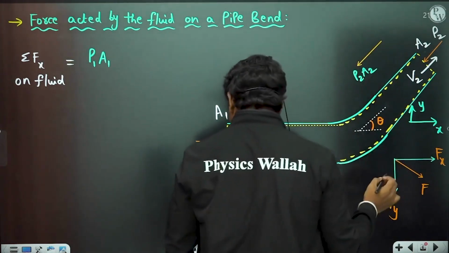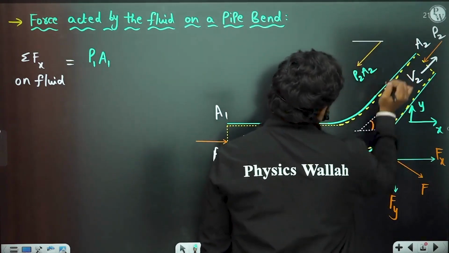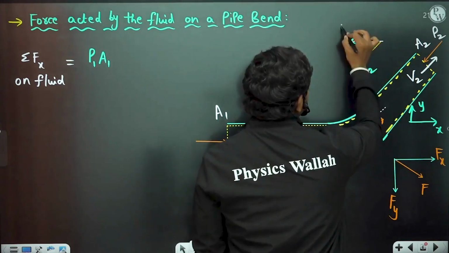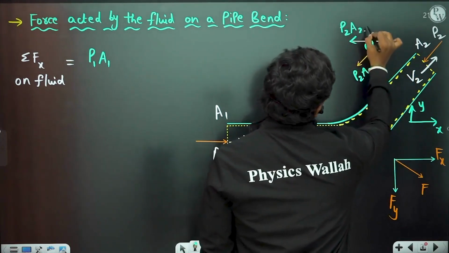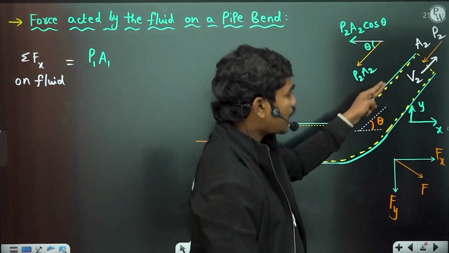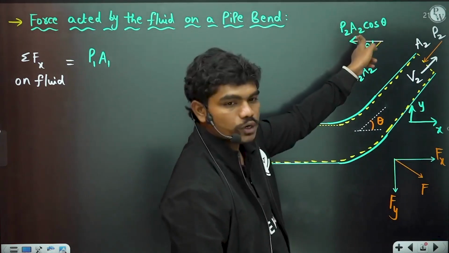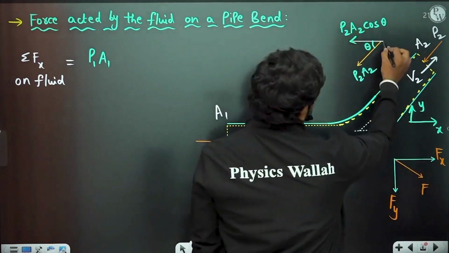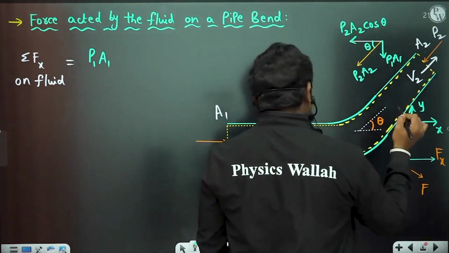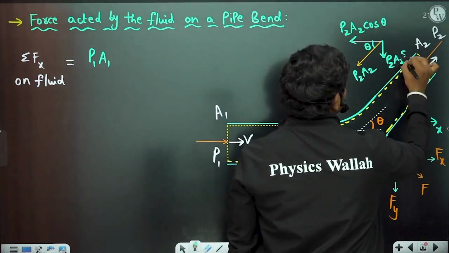If you see, the inclination of this force with the horizontal is theta, correct? This angle is theta, so in the x direction we have P2 A2 cos theta, because this is P2 A2 and the angle made by this line with the horizontal is theta. And similarly we have P2 A2 sin theta.